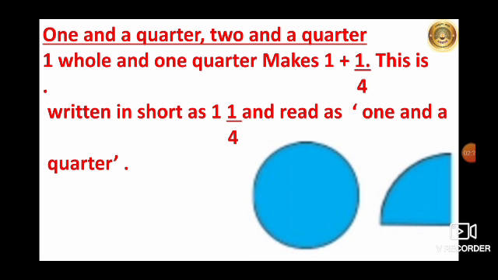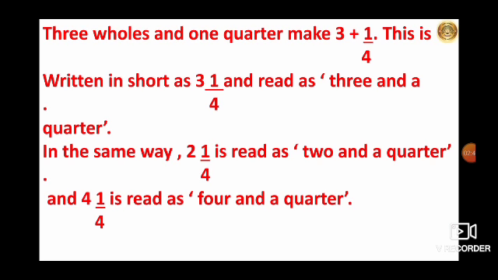Now we will see 1.25, 2.25. First we have seen the mixed fraction. Now we will see 1 whole and 1/4 makes 1 plus 1/4. This is written in short as 1.25 and read as 1.25. 3 wholes and 1/4 makes 3 plus 1/4.